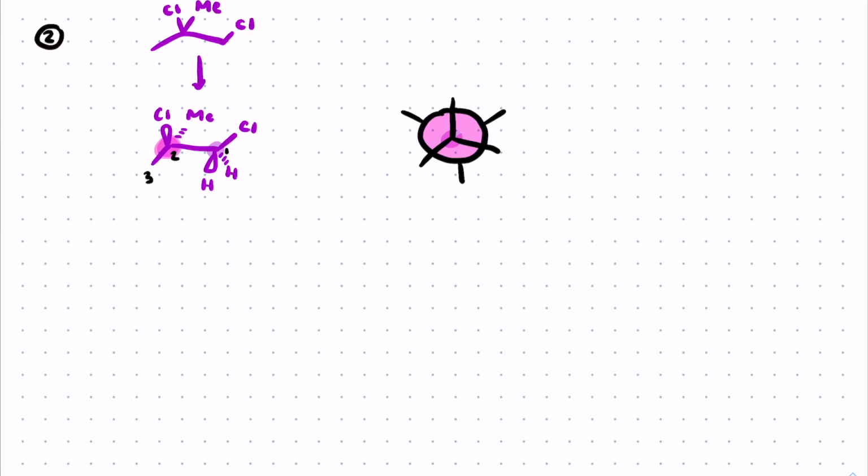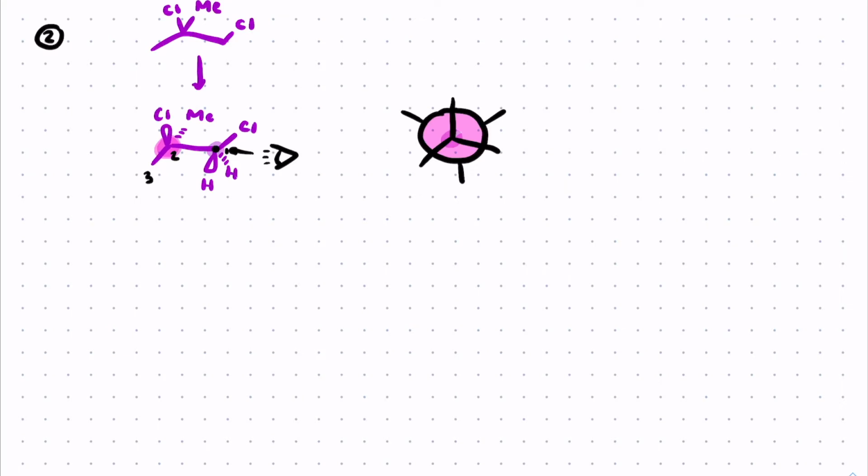Well, this first carbon, if we were to take this structure, right, now it's flat in the plane of the page, we're just going to sort of pull it up out of the page so that your eyeball is right here. So you are looking straight down the 1,2 bond, which is this bond right here.